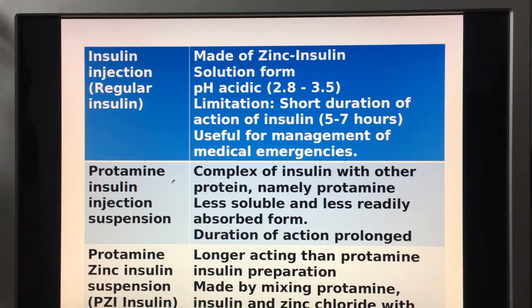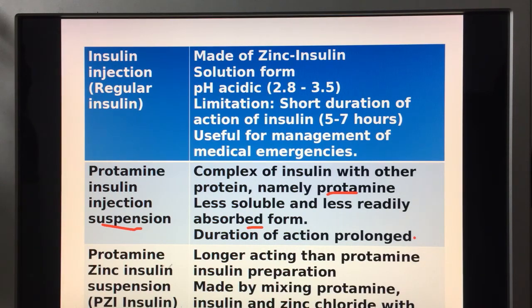The second preparation is protamine insulin injection suspension. This is a complex of insulin with another protein, namely protamine, and hence the name. This preparation is less soluble and less readily absorbed, and the duration of action of this protamine insulin suspension is prolonged.